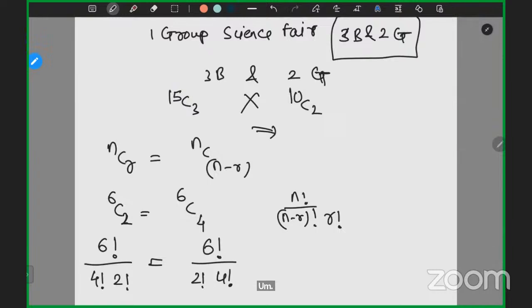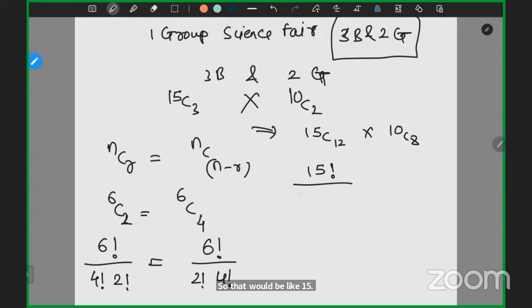So maybe you can use it here. 15C3 would be equal to 15C12, correct? And here it is like 10C8. I don't know if it's helpful here or not, but this is also something you can do.